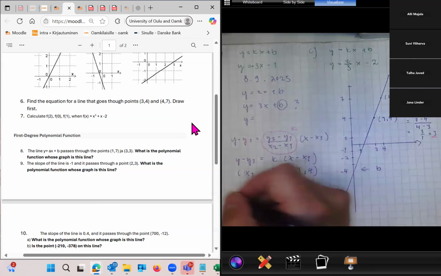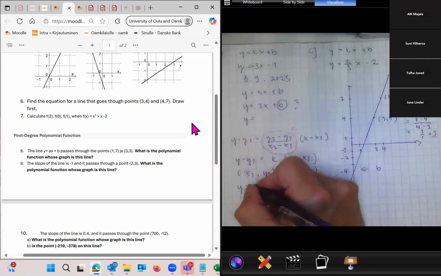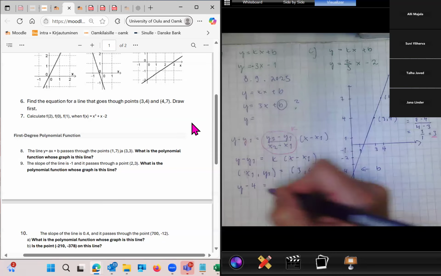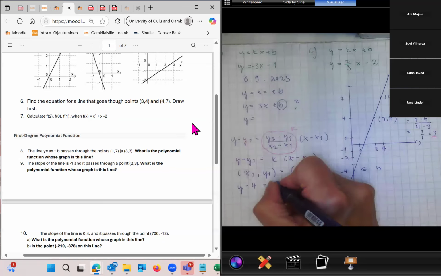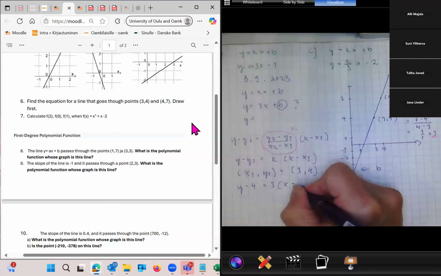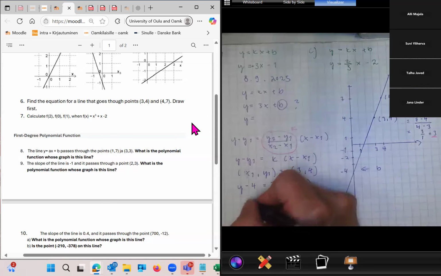And then I put it there, so y minus 4 is 3 times x minus 3. And I calculate from here.